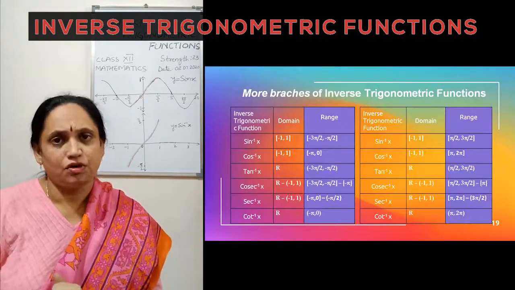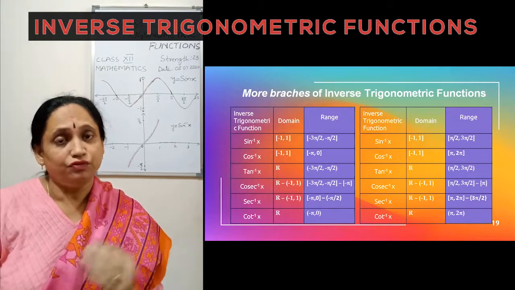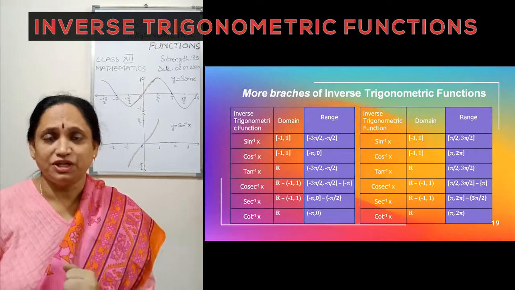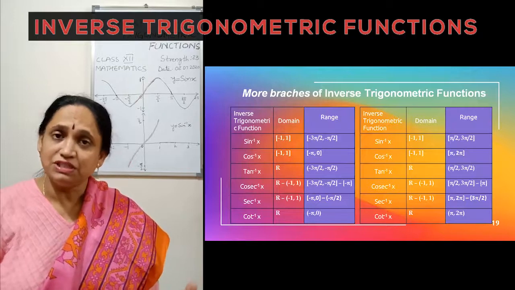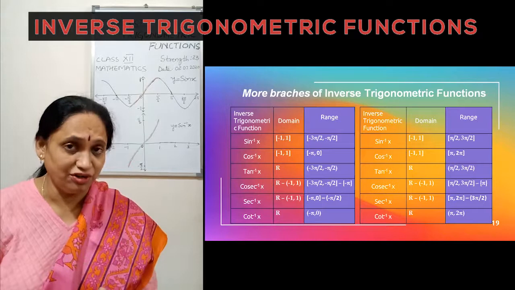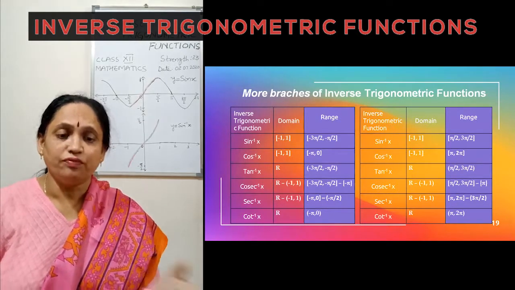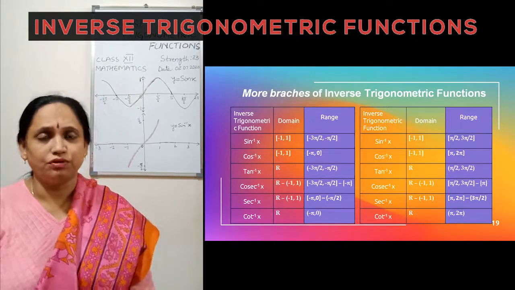More branches of these inverse trigonometric functions. Now, we learned about the principal value branches. There are more branches where the trigonometric function can be one-one and onto. Hence, we can find the inverse trigonometric function. So, for example, I have shown you 2 different branches on the slide.